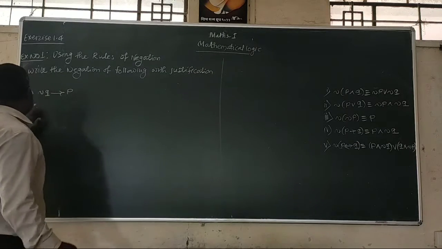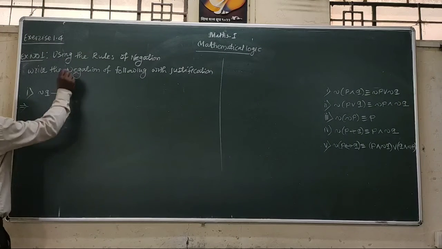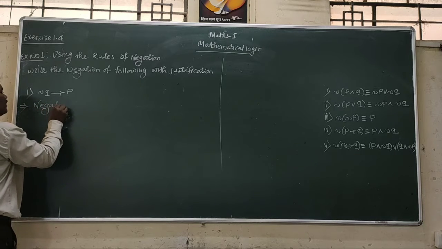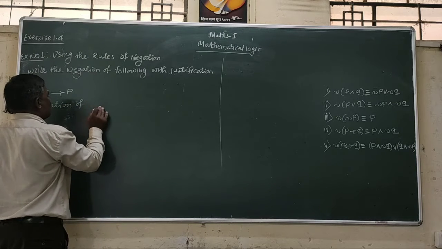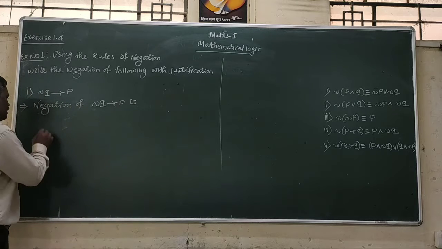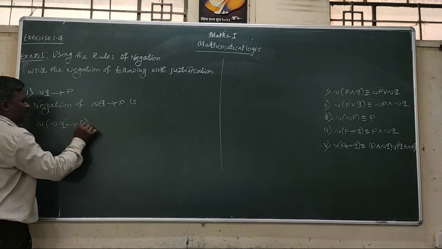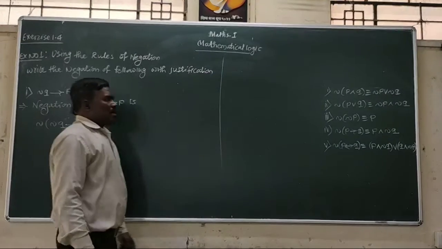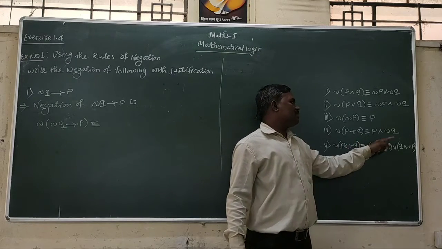Therefore, here the solution for the first example, that is negation of q implies p, is: negation of in bracket q implies p is equivalent to, in this law, negation of in bracket p implies q equals p conjunction negation of q.